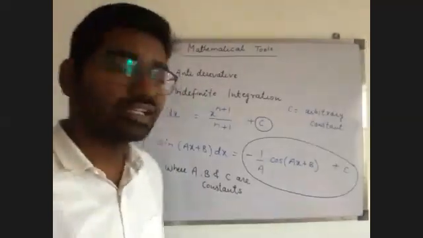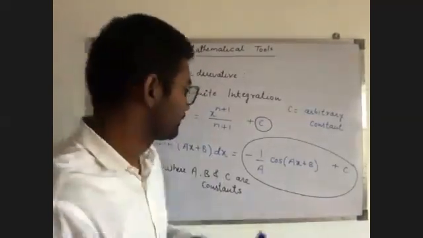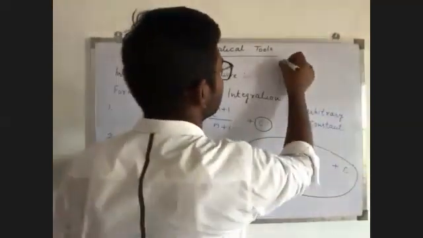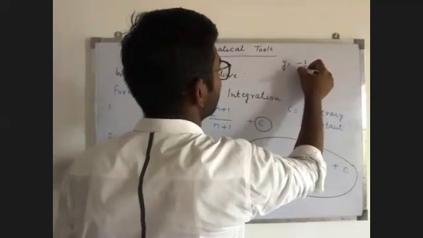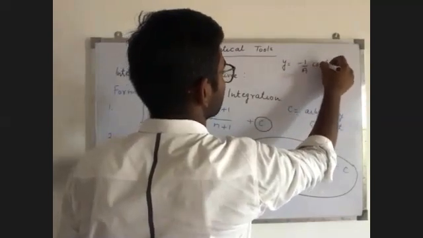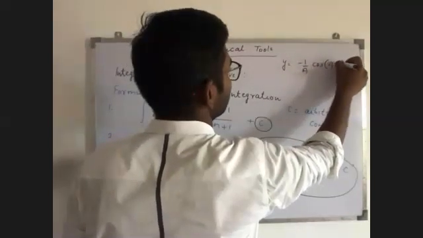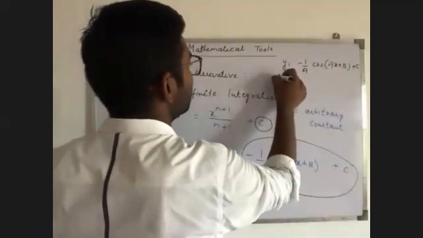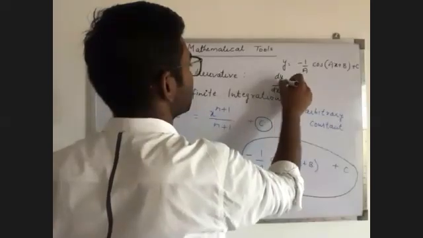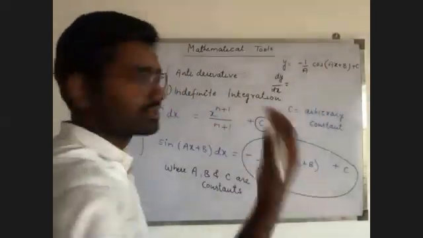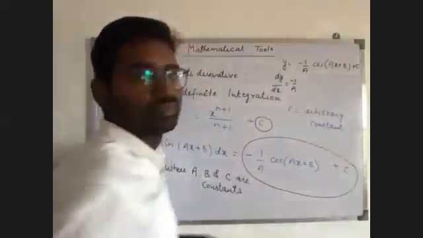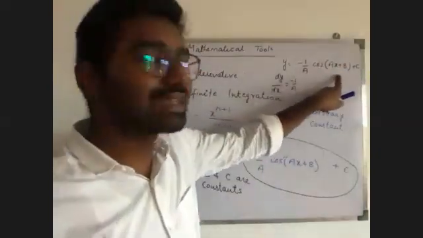Guys, it means that your differentiation is also not clear. If I want to differentiate this, look here, let's suppose the function is minus 1 by a cos ax plus b plus c. If I try to calculate dy by dx, minus 1 by a is constant, cos ax plus b. So I will use the inside outside rule.